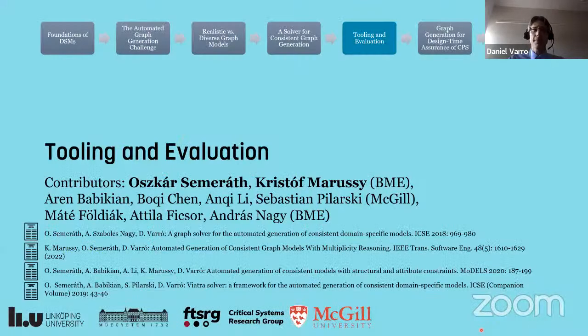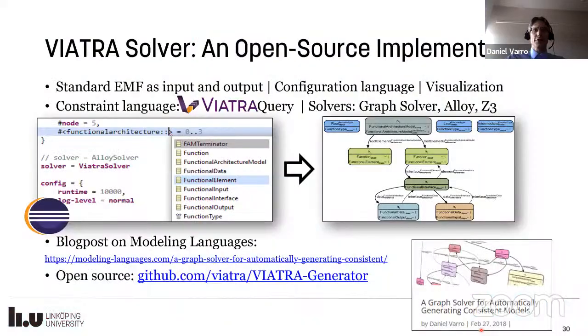So on that note, let me give you a brief insight into some of the evaluations that we carried out. First of all, there is already an open source tool which has been around. We call it the Viatra solver or Viatra generator, using Eclipse-based technologies and a couple of integrated backend solvers, also traditional ones like Alloy or Z3, and it's tied to standard EMF technology and Viatra queries as the constraint language.